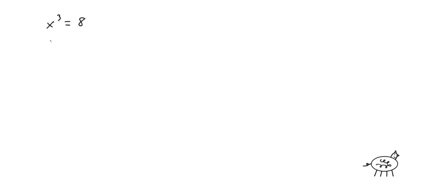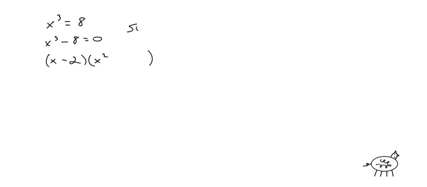Let's rewrite it as x cubed minus 8 equals 0. So do you guys remember this is a difference of 2 cubes? So I can write this as x minus 2, and then it's x squared. I don't know if you guys remember learning it this way.